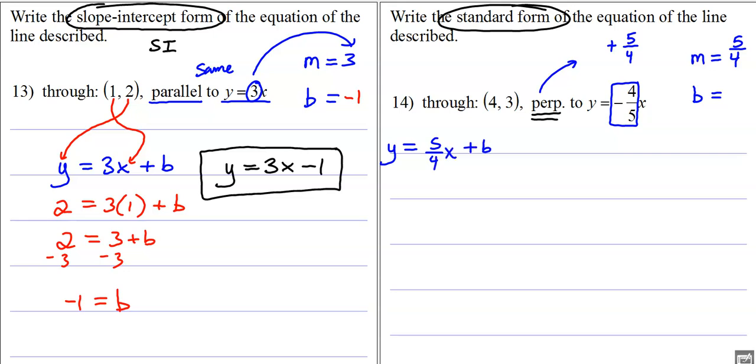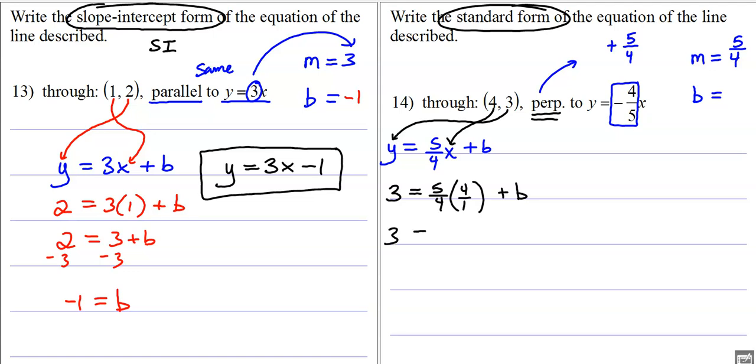We are now going to do a little bit of substituting. 3 goes in for the y, 4 goes in for the x, and I get 3 equals 5/4 times 4, or if I want to do it by hand, I can put 4 over 1, plus b.